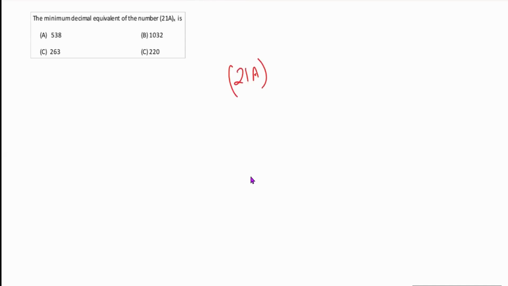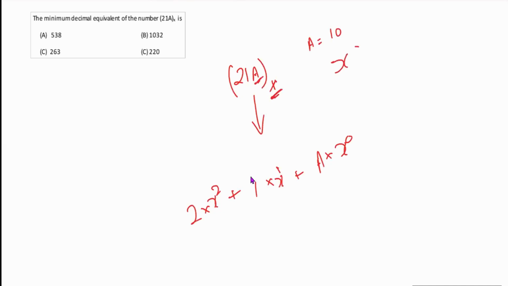If I calculate the decimal equivalent for this one, this is x to the power 0 into a plus x to the power 1 into 1 plus x to the power 2 into 2. And here I can see that the value of a is 10, so x should always be greater than or equal to 11.